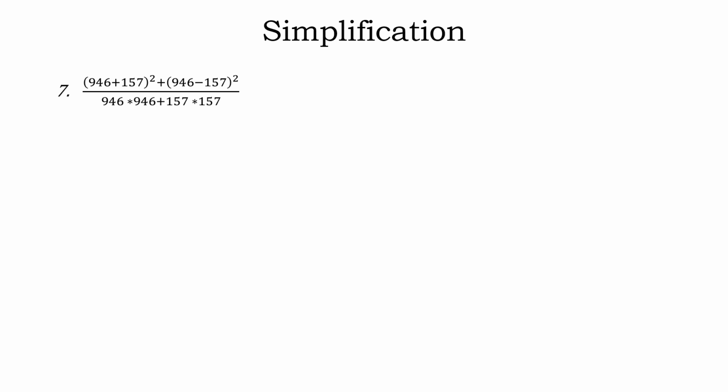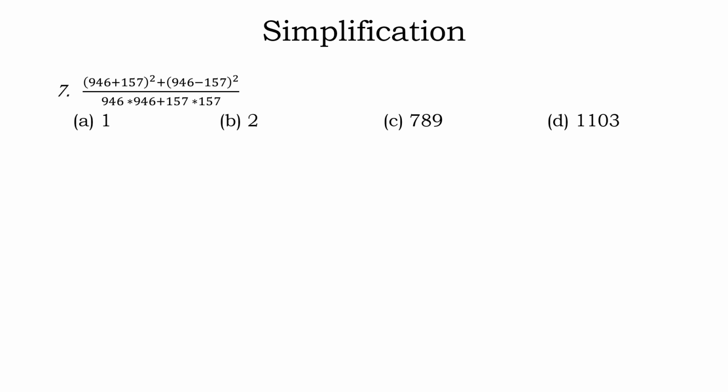Now this problem, if you observe, here in the numerator we have 946 plus 157 whole square plus 946 minus 157 whole square, divided by 946 into 946 plus 157 into 157.